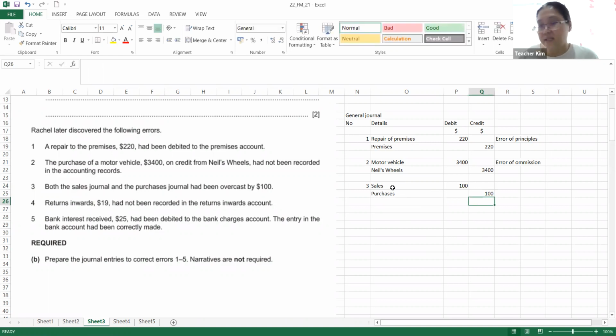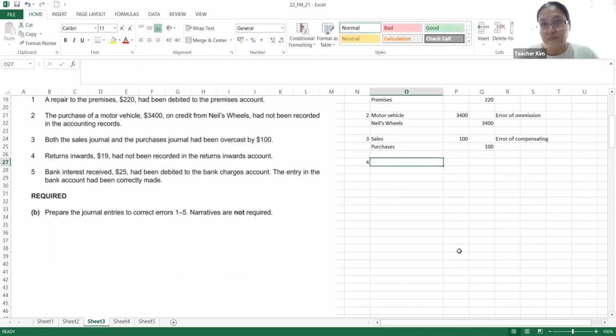So debit sales, credit the purchases. Okay. So this one is the error of compensating. Okay. Next is number 4.